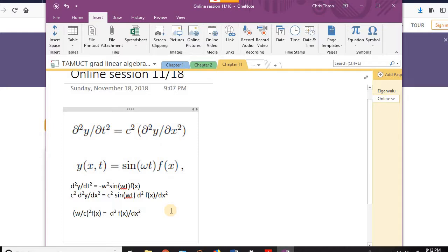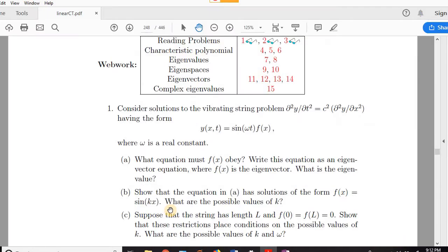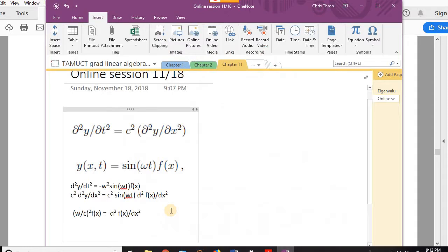All right, so let's see where we are as far as the problem is concerned. It says, what equation must f of x obey? We got that. This equation is an eigenvector equation where f of x is the eigenvector. So write this equation as an eigenvector equation. Do you remember what an eigenvector equation looks like?